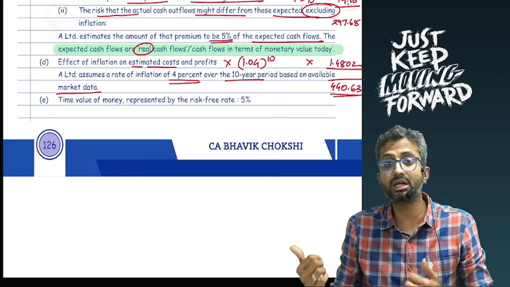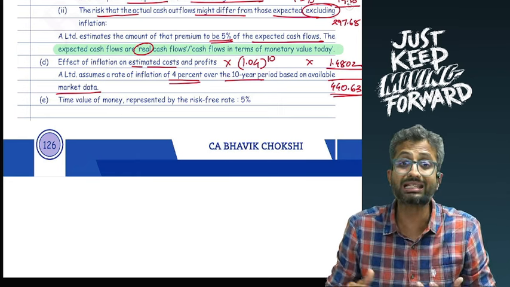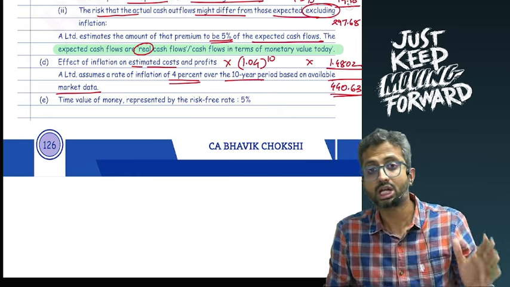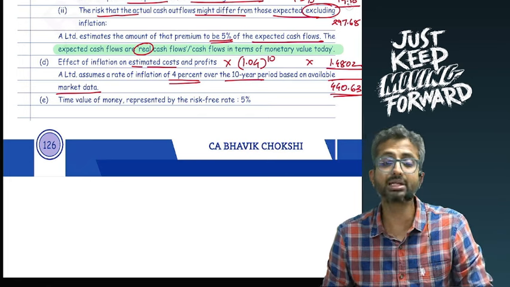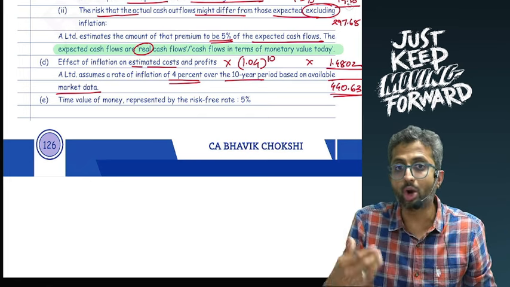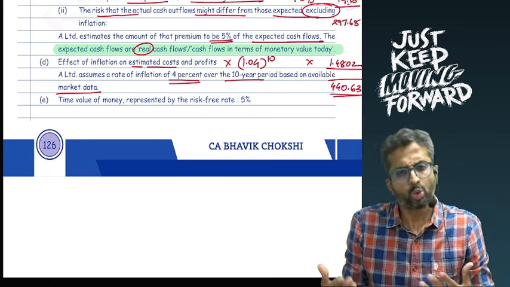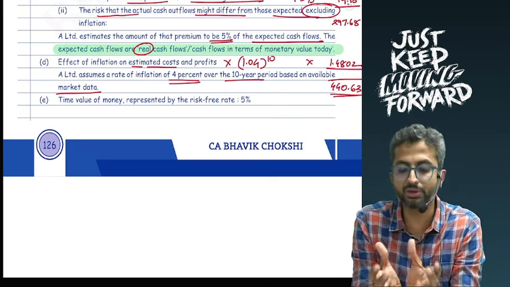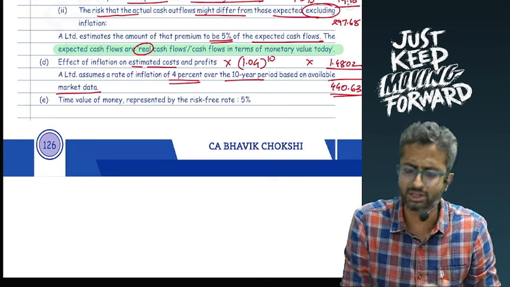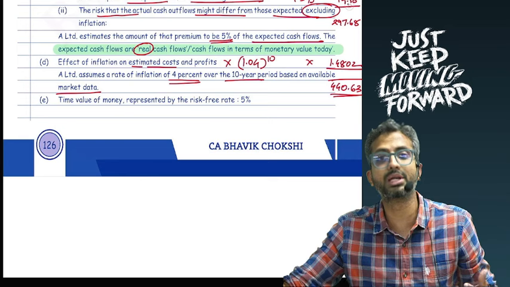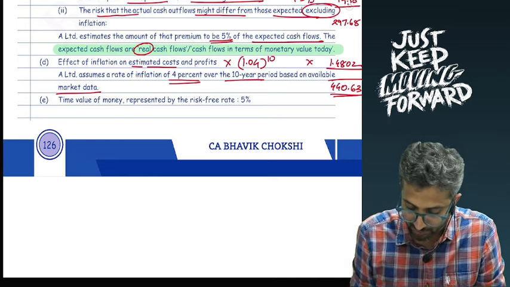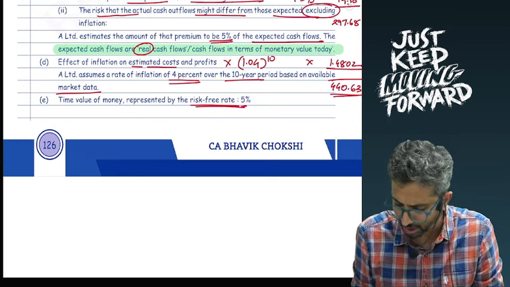So I take the risk-free rate plus the risk premium because equity instruments are risky. In a similar way, is this site restoration liability risky or is it risk-free? Sir, it appears to be risky, and hence the appropriate discount rate should not just consider the risk-free rate. Remember, the risk-free rate includes the effect of inflation, compensation for inflation, but also the risk premium. Hence, the time value of money is represented by the risk-free rate, that is 5%.